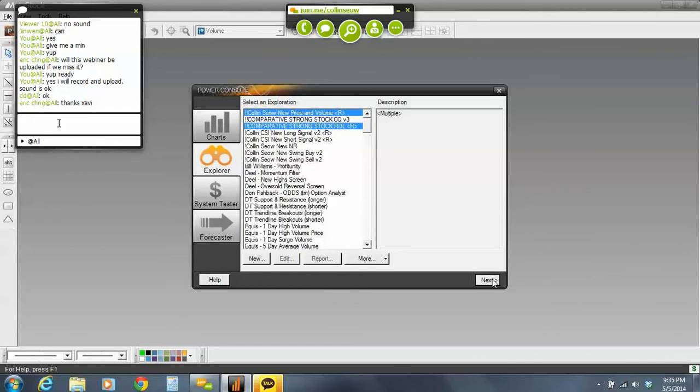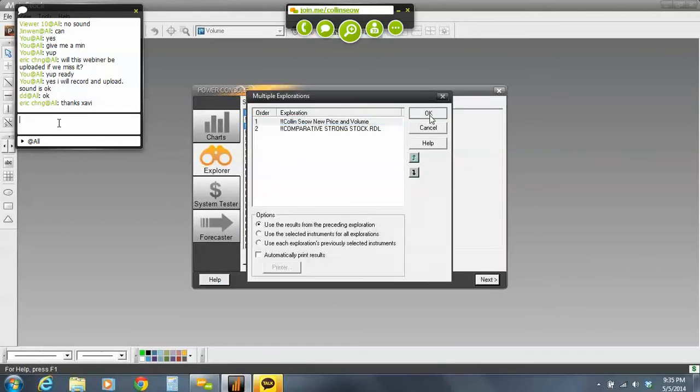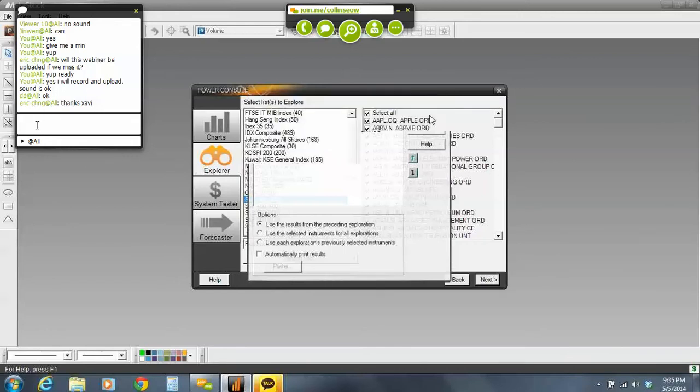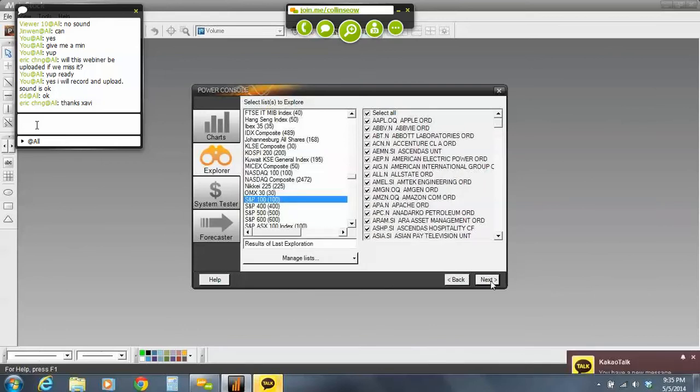And then you will click next to scan for the stocks. I will use an example, but you can use this for your own stocks.